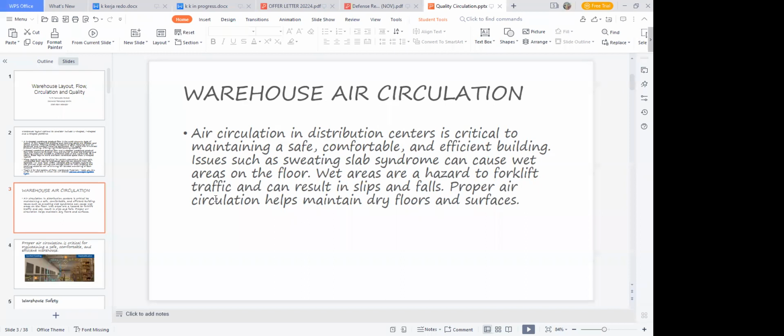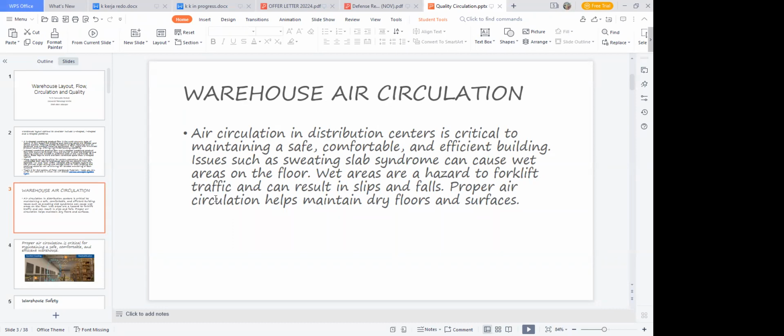You see, it is about maintaining a safe, comfortable, efficient building, avoiding issues such as sick building syndrome.